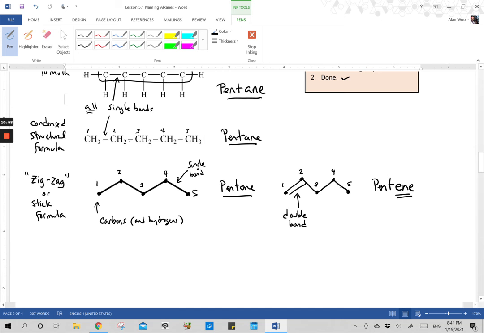So if I wanted to draw out pentyne, a Y-N-E ending means that I'm looking at an alkyne, and alkynes have triple bonds. So if I'm using the zigzag method to show that, I would have 3 lines to show a triple bond.